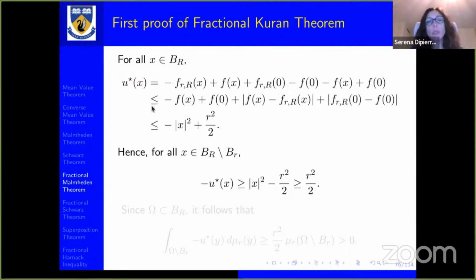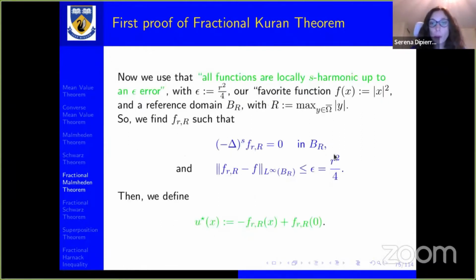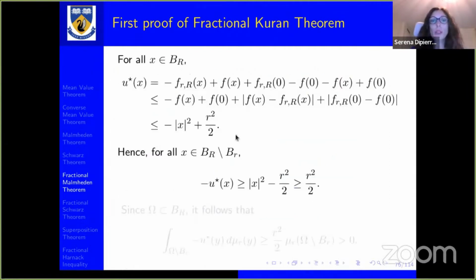So this is bounded by the absolute value of this difference plus the absolute value of the other difference. Now f of x was x squared, so minus f of x is minus x squared, and f of 0 is 0. These two differences are both bounded by epsilon, which is r squared divided by 4. So I've got r squared divided by 2 because I have two of them.